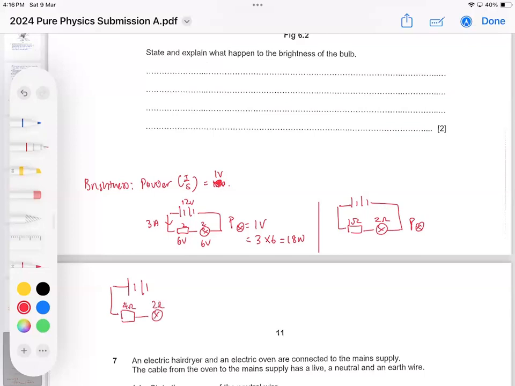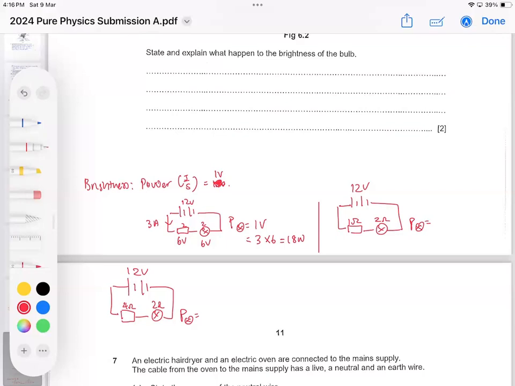The lamp is still the same. Can you help me calculate the power in each case? Everything remains the same. The only thing that we change here is the resistance on this side. Then from here, we can see the effects of changing resistance on the impact on the brightness of the lamp.